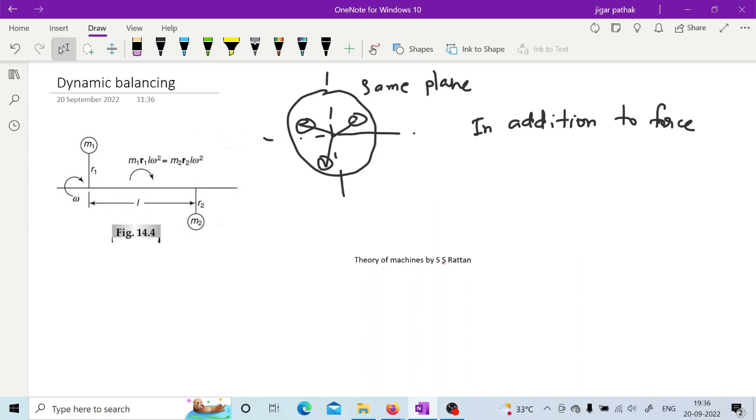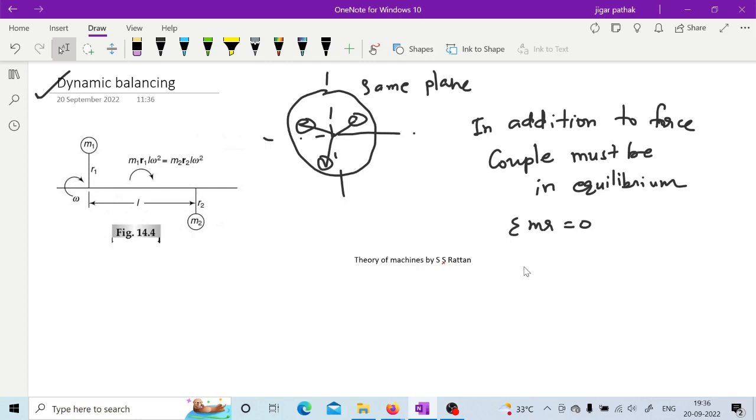So in case of this dynamic balancing, in addition to force, the couple generated because of this unbalanced force, the couple also must be in equilibrium. Then you can achieve the dynamic balancing. Previously we had only the requirement that sigma mr is 0.